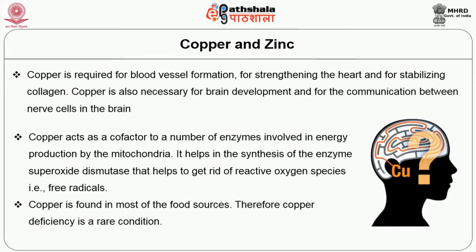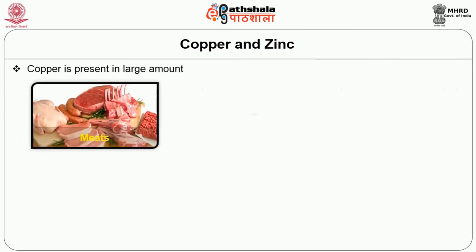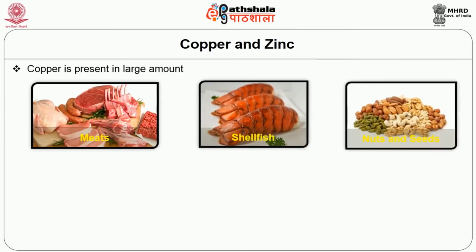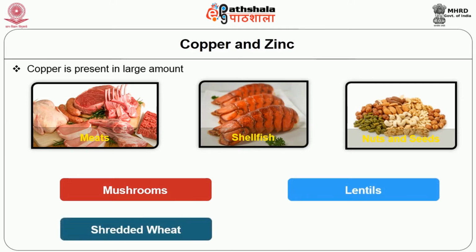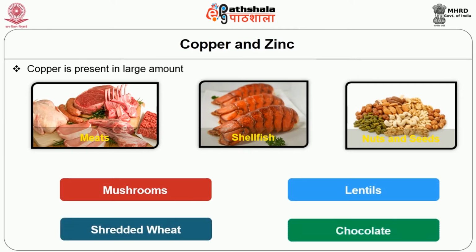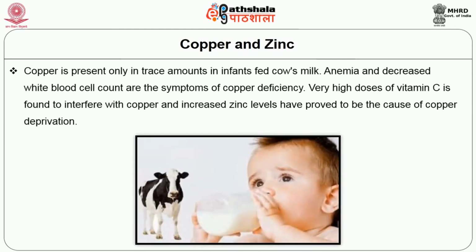Therefore, copper deficiency is a rare condition. Copper is present in large amount in meat, shellfish, nuts and seeds, followed by mushrooms, lentils, shredded wheat and chocolates. Copper is present only in trace amounts in infants fed cow's milk.